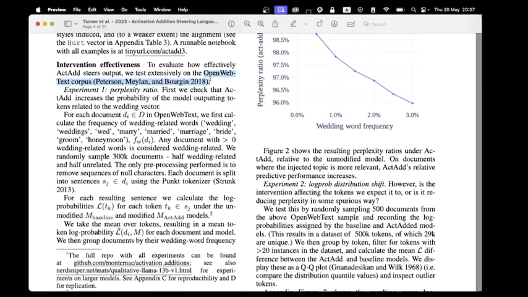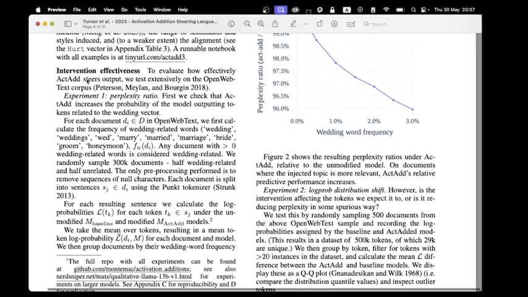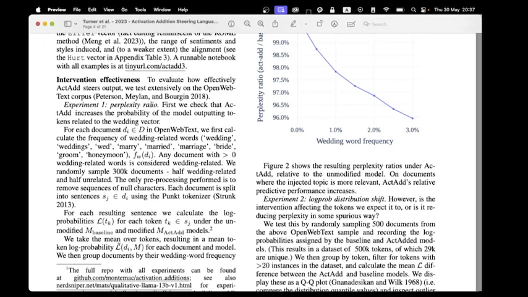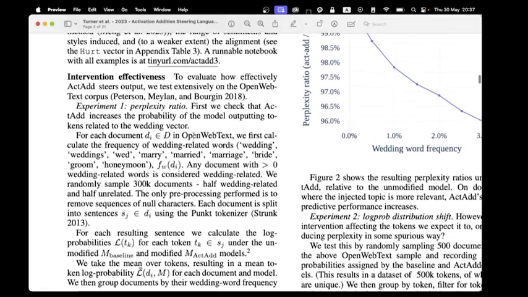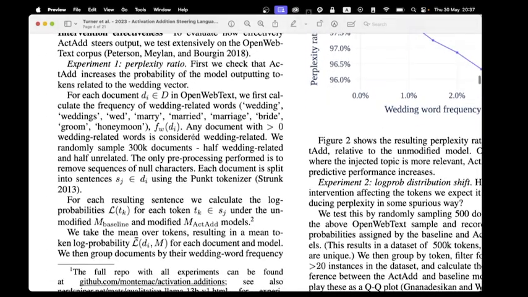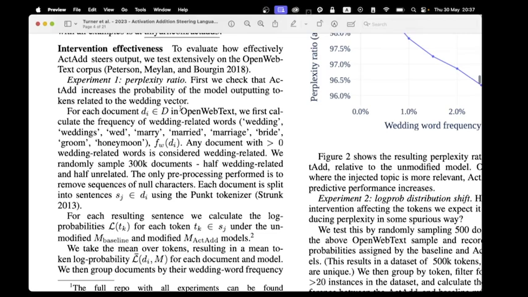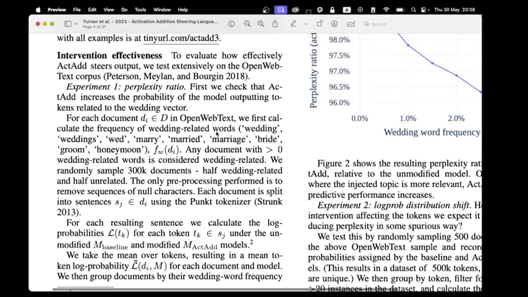We get a large text corpus, and for every page in the corpus, we get the baseline frequency of wedding related words.